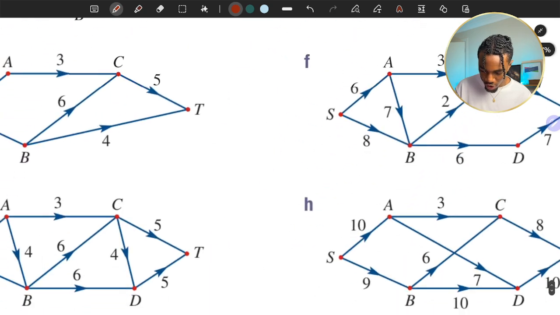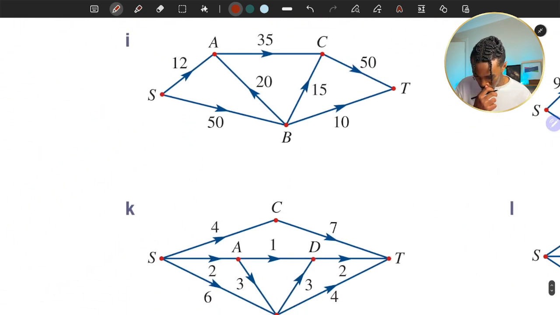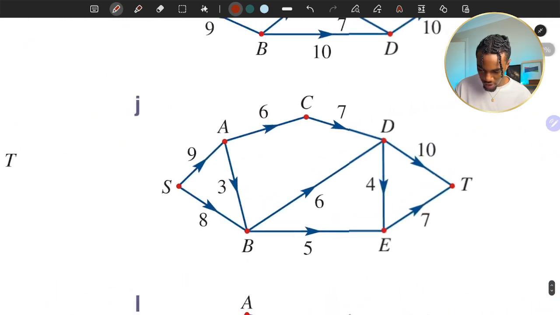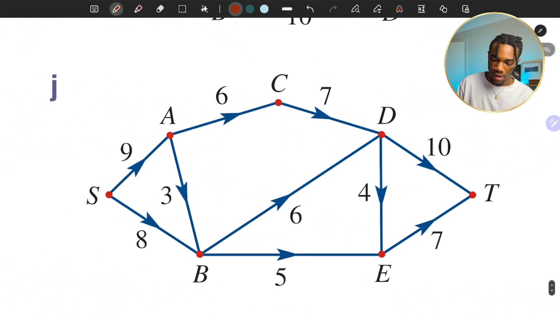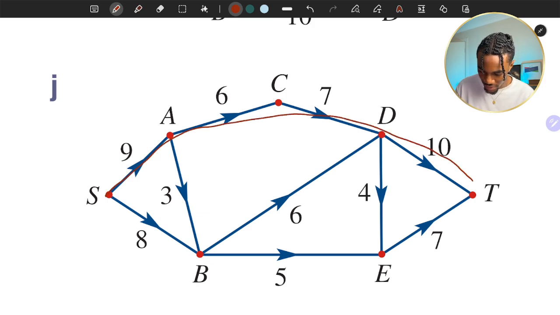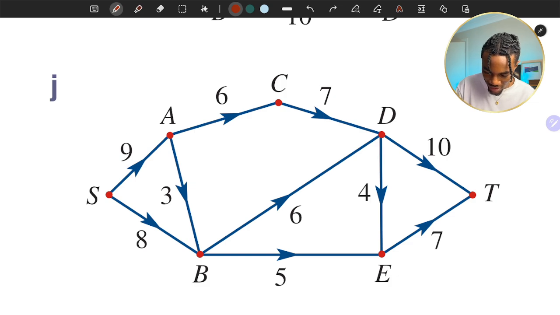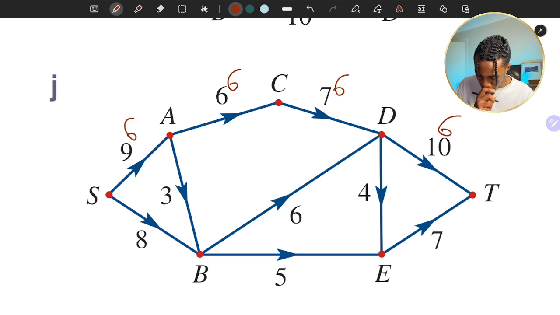If we go to a more complicated one, let's go to this one here. If I look at this top pathway, it's capped at 6. So I'm going to put 6 here, 6 here, 6 here, and 6 here, just showing how much is flowing through them. I'm looking at this bottom pathway.